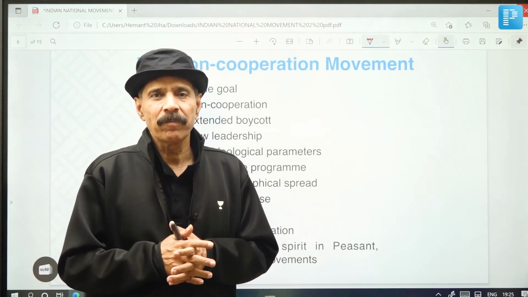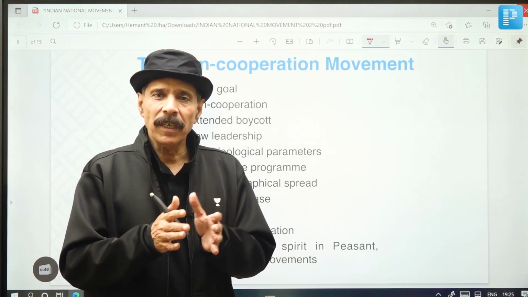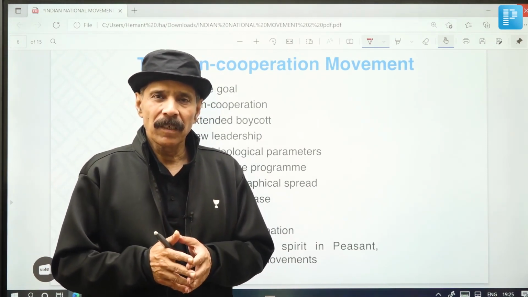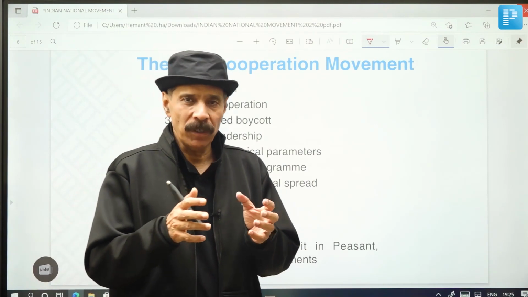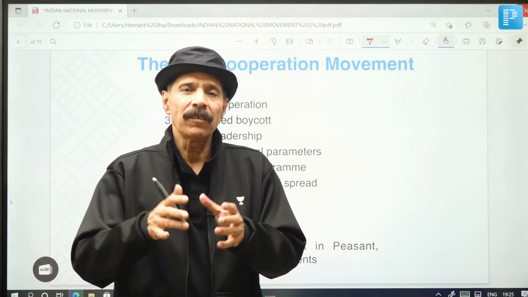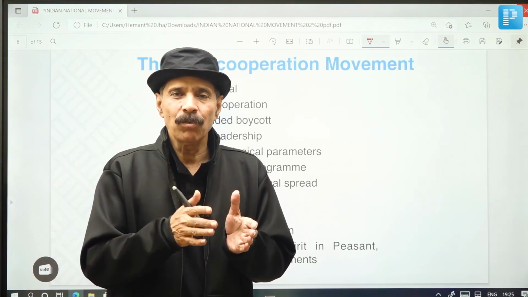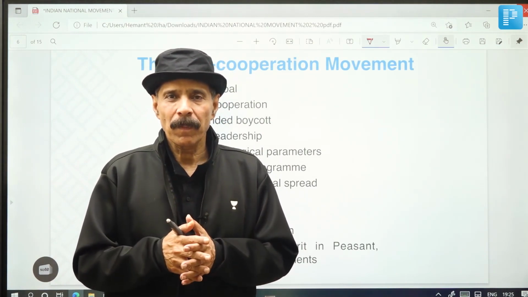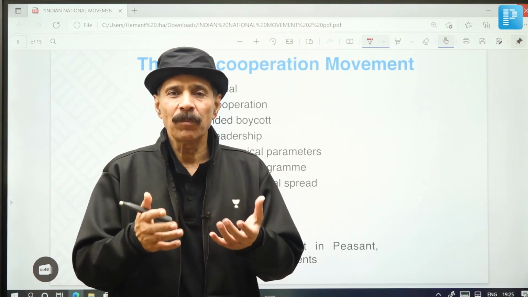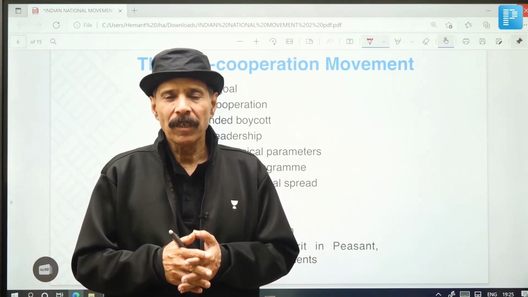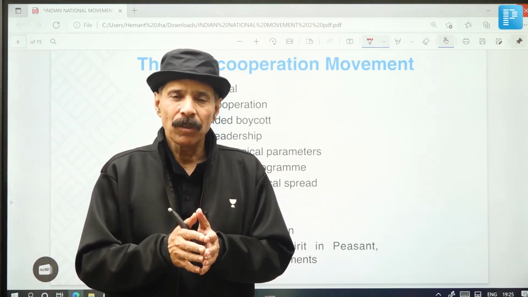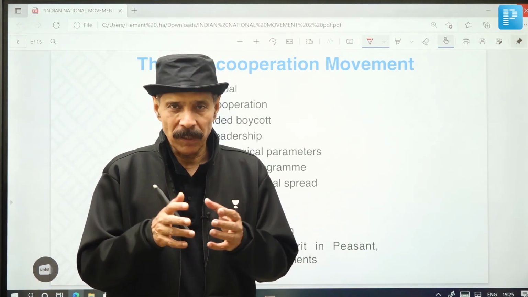They were connected. Leadership was the same, Gandhi. And there was Hindu-Muslim unity. Gandhiji had forged a joint front between Hindu and Muslim against the British. He used the Khilafat issue to create this unity.